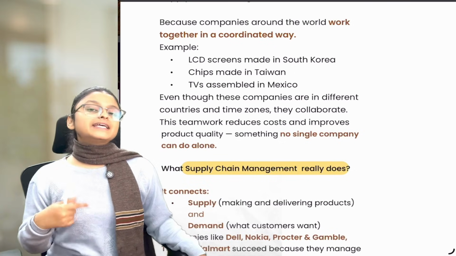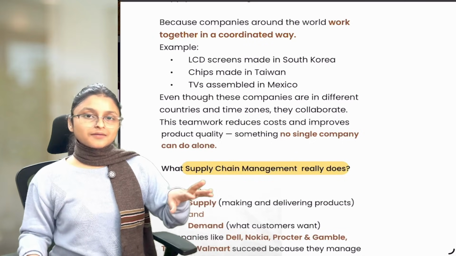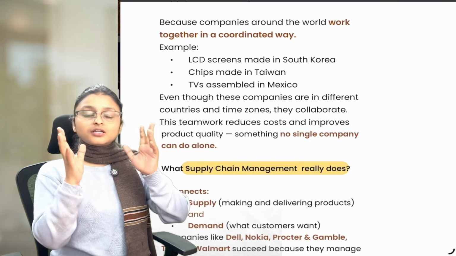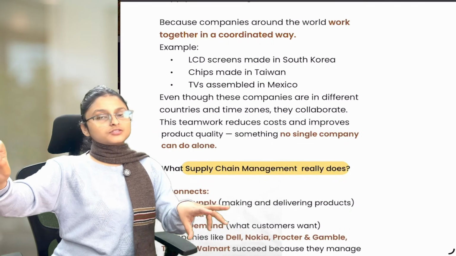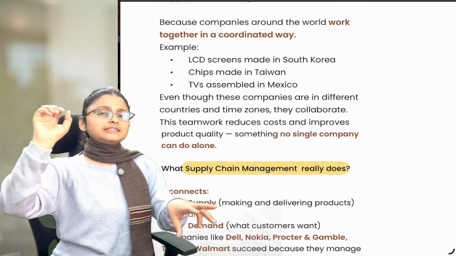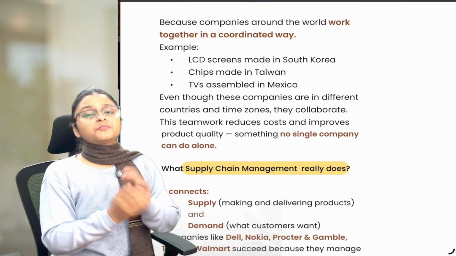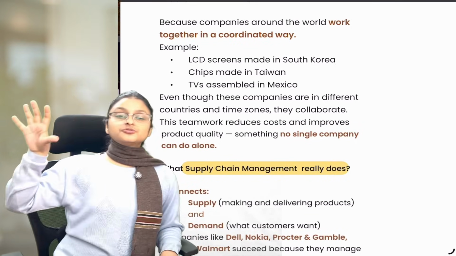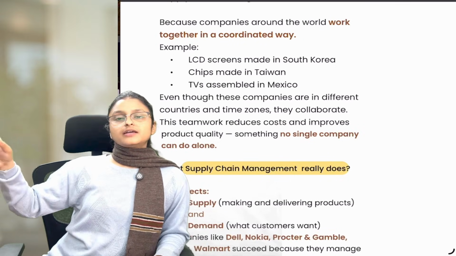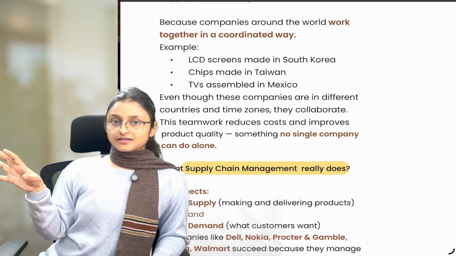Now, why am I saying it like that? Because think about it, our main focus is not that whatever we are making, we are going to sell it to the customer through marketing, sales, heavy advertisement, even if the product is not good. This is not our aim. Our main aim is to see what customers want, and that we can see with the help of demand.